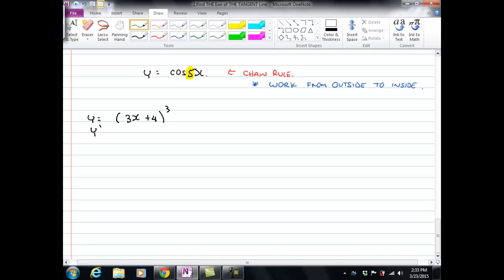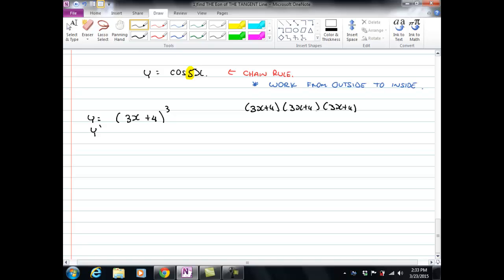Some of you say, "Mr., I'm just going to multiply this out," 3x plus 4 times 3x plus 4 times 3x plus 4, then find the derivative. That works. The problem is it takes way too long.